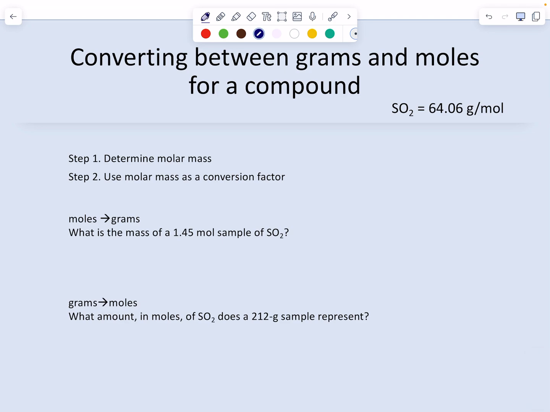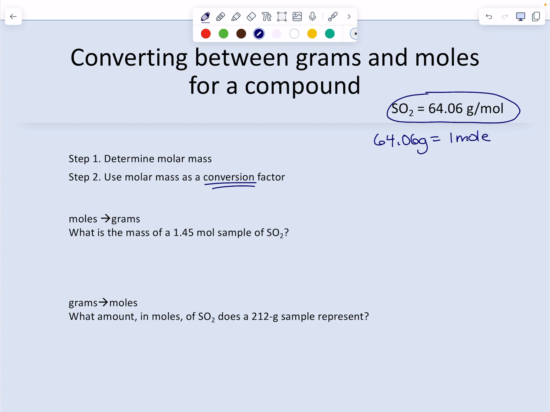Okay, so we've figured out the molar mass of our SO2, sulfur dioxide. We've got the molar mass, and we can use it as a conversion factor. So we can also write this as 64.06 grams equals 1 mole.